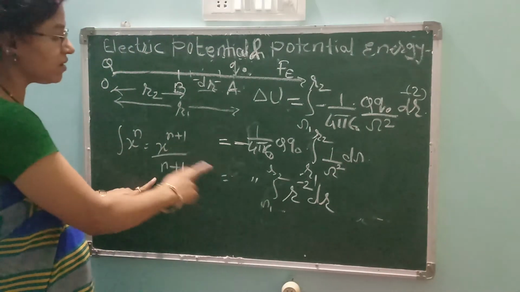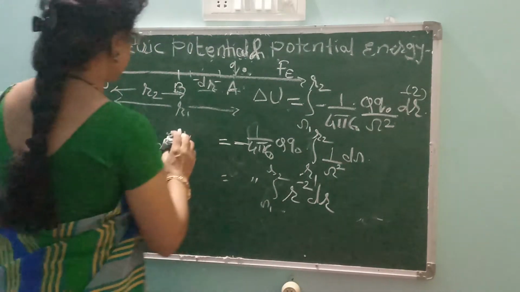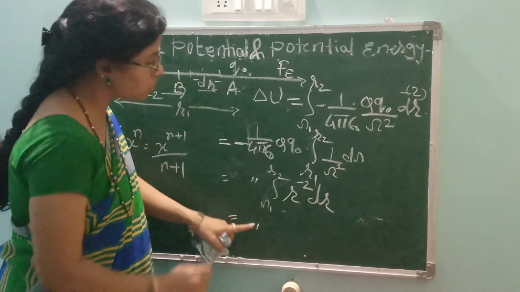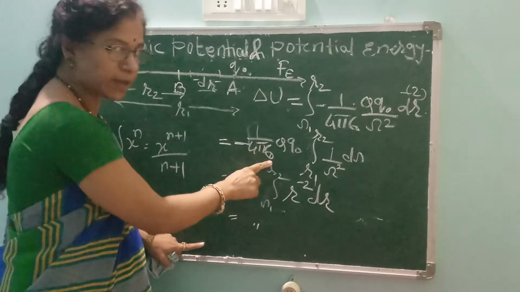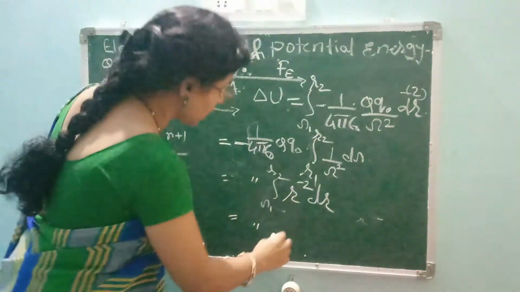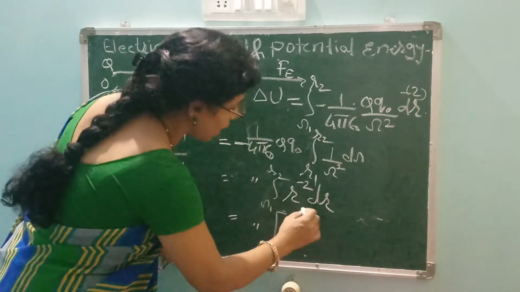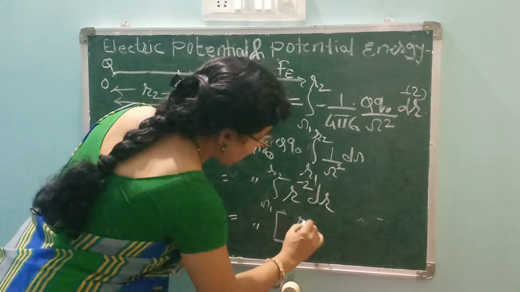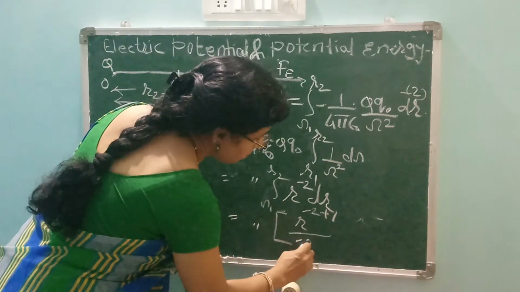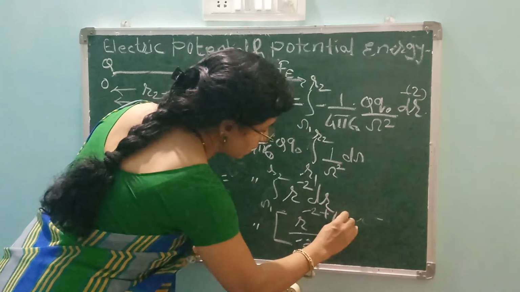Now we will apply here this formula, and for that we are getting this constant. What is constant? -1 upon 4 pi epsilon 0 q and q0. Now integrate करने के बाद में आप लोगों को क्या मिल रहा है यहाँ पे, that is r to the power minus 2 plus 1 divided by minus 2 plus 1.